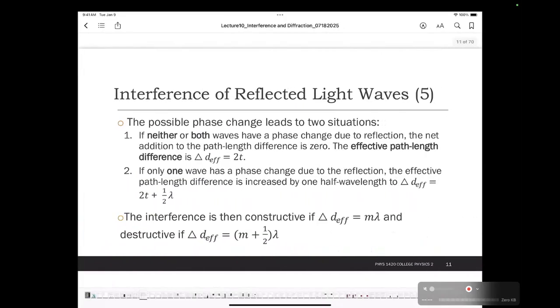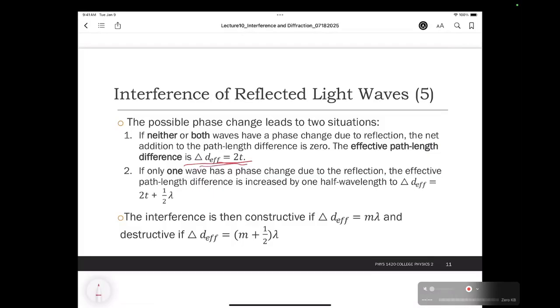Okay, let's continue. The possible phase change leads to two situations. If neither or both waves have a phase change due to reflection, the net addition to the path length difference is zero. The effective path length difference is just 2T.